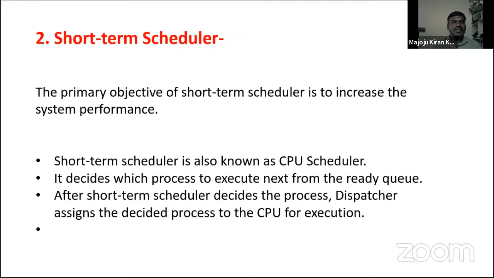That means it will decide which process has to run, which process has to wait, which process has to be resumed again, and which process has to be waiting again. So the short-term scheduler will decide which process is selected for running and which for waiting. So that is the short-term scheduler.